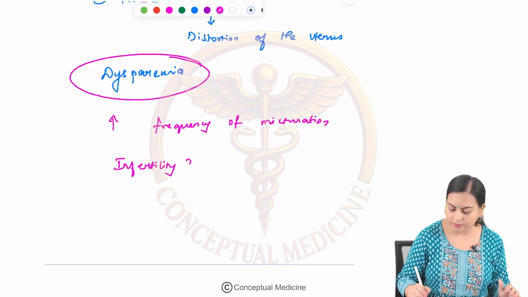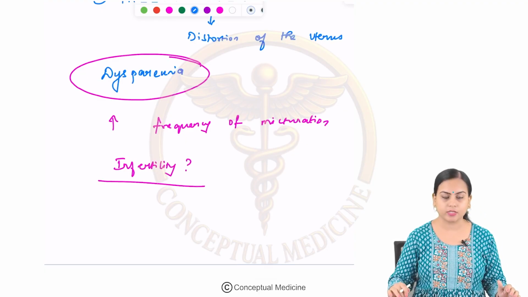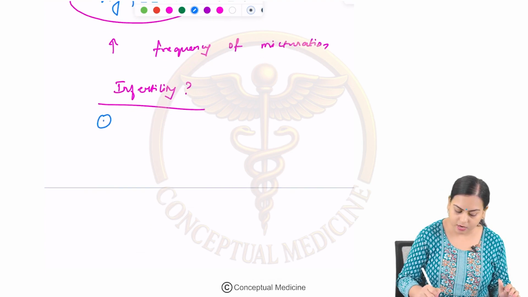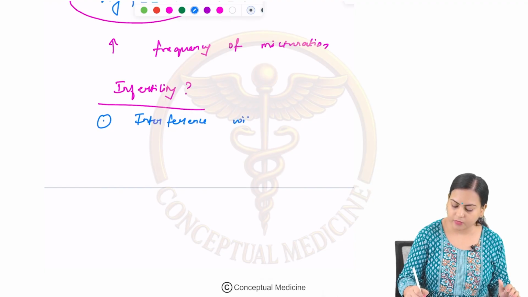Okay, so why infertility in patients with adenomyosis? It means there is interference with sperm transport.